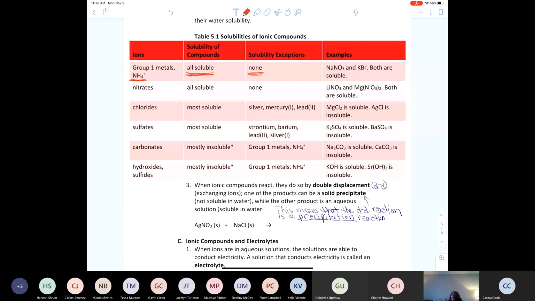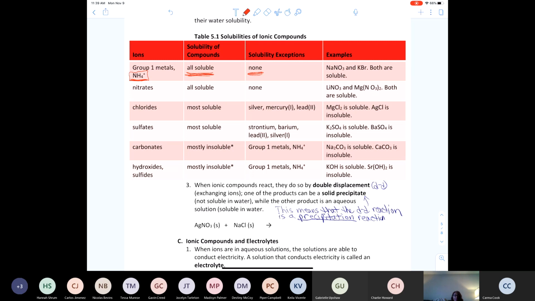That's why sodium chloride, as we just showed, as well as sodium sulfate, are soluble in water, because sodium is a group 1 metal, and all salts that contain group 1 metals are soluble, no exceptions. And so potassium, sodium, lithium, rubidium, cesium, those are all group 1 metals. And then the ammonium polyatomic ion, NH4+. If the ionic compound contains that ion, then that salt will be soluble in water.